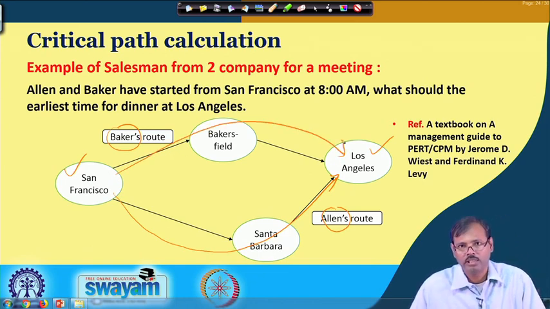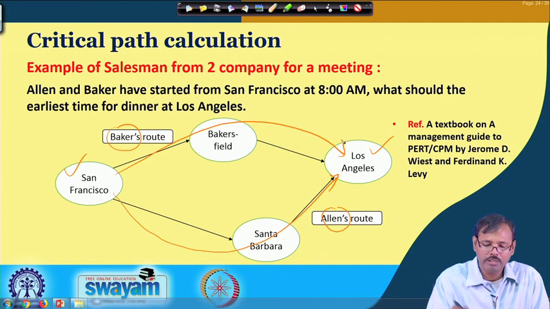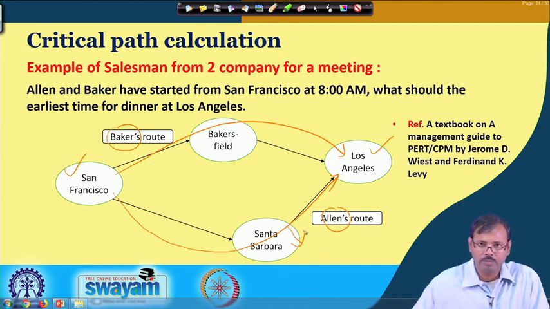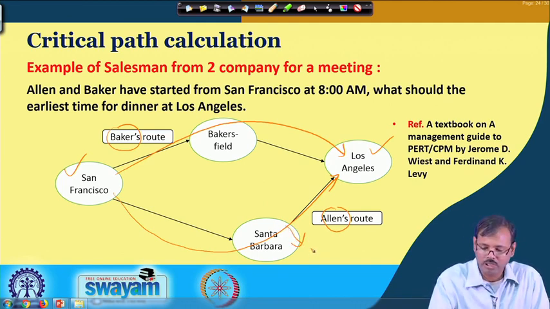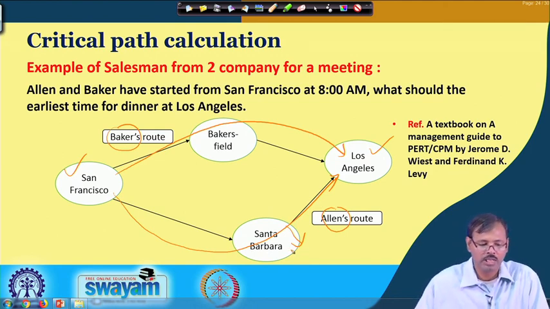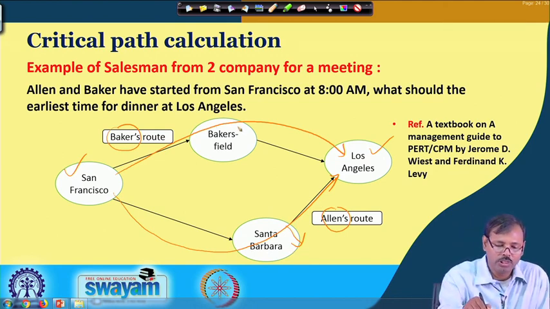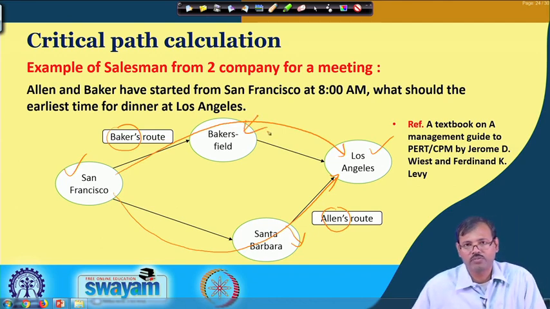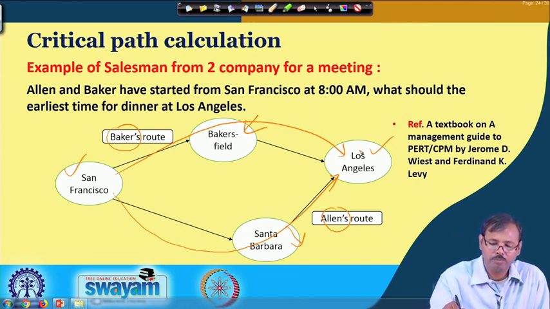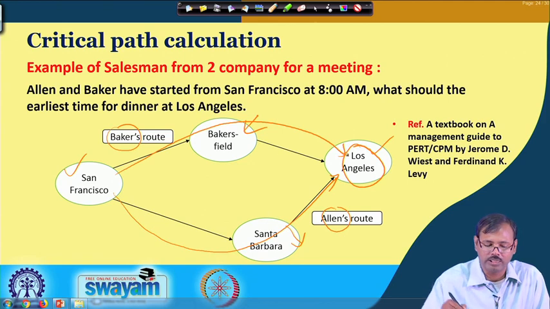What is the reason? Allen wished to have lunch in his house at Santa Barbara, where his wife is, and Becker is willing to meet his friend at Bakersfield and have lunch there. Their routes, that means their paths, are different, and they have to meet at Los Angeles.